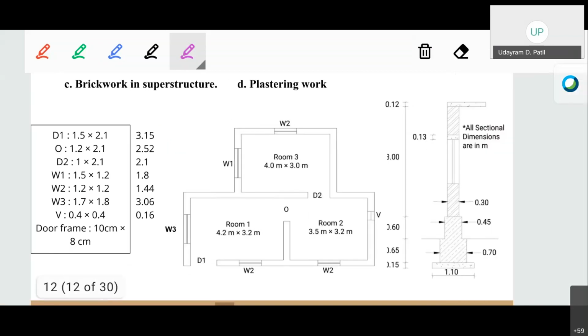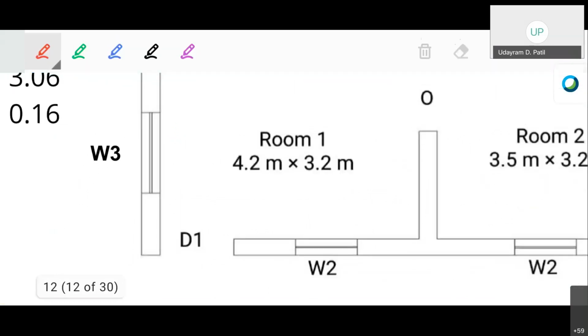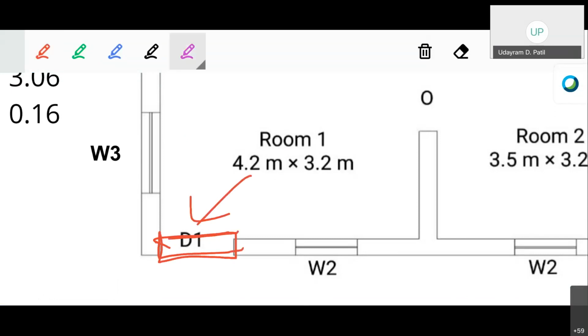Therefore in that case we have to deduct the quantity from both faces of the particular opening, in case of the internal plastering as well as the external plastering.